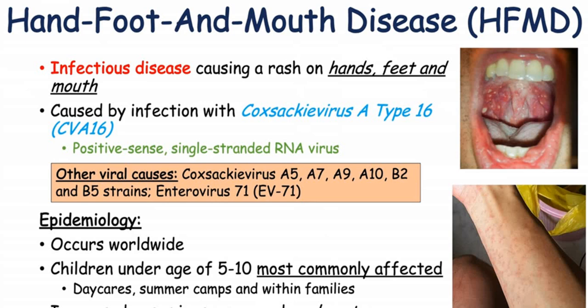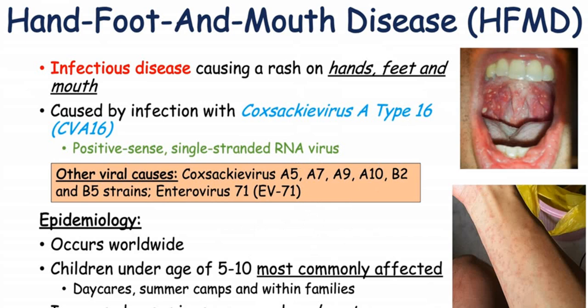Etiology of this is Coxsackie virus A type 16, which is a single-stranded RNA virus. There are other viruses also, which can be A5, A7, A9, A10, B2, B5, or enterovirus 71.